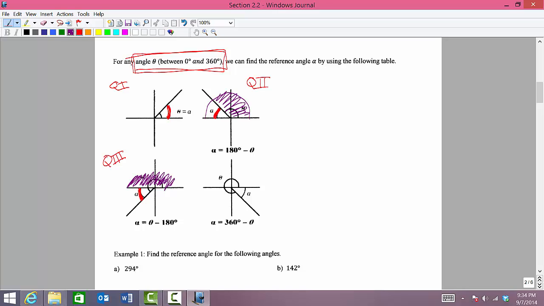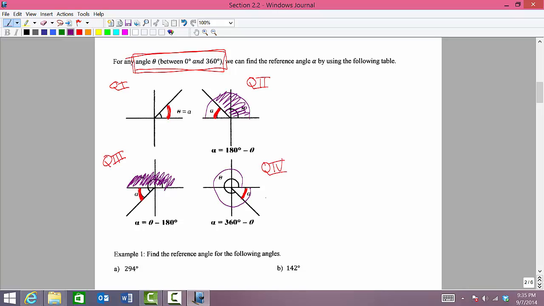If we have an angle that lives in quadrant 4, then we will have an angle that lines up or is closest to the x-axis in quadrant 4. So that's 360 degrees, a complete rotation.